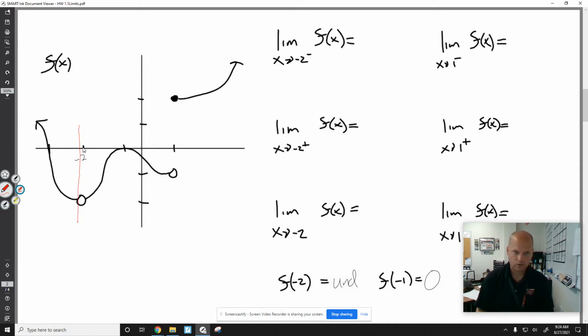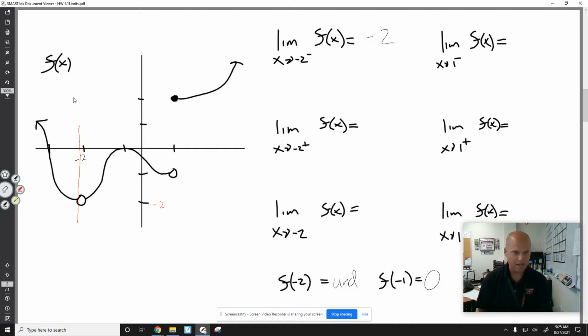As I get closer and closer to -2, I'm still going to be getting function values. It's only at -2 do I not have a function value. But if I plugged in -2.001, which is a value to the left of -2, I would get a y-coordinate that's very close to this y-coordinate, which is -2. So I say that limit as we approach -2 from the left is -2.